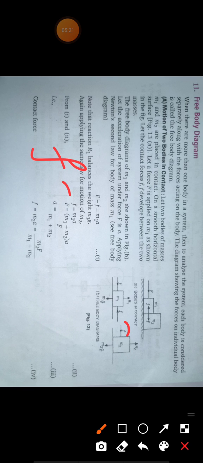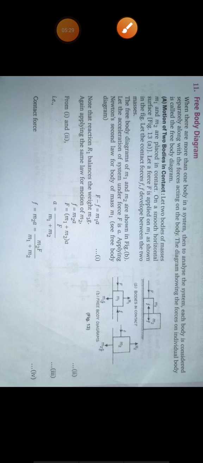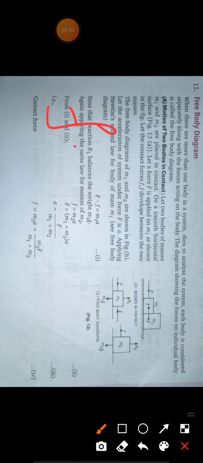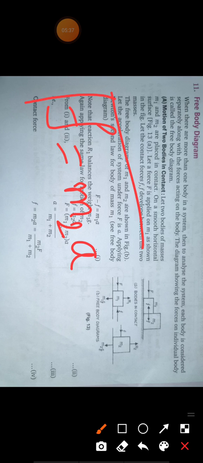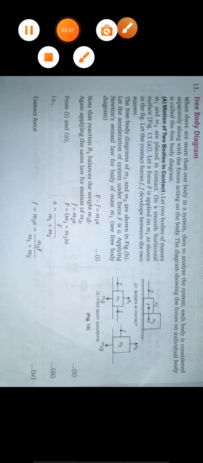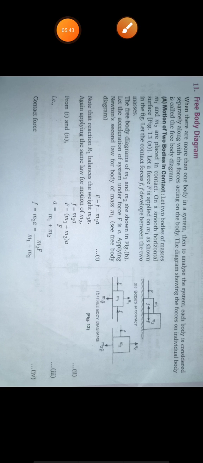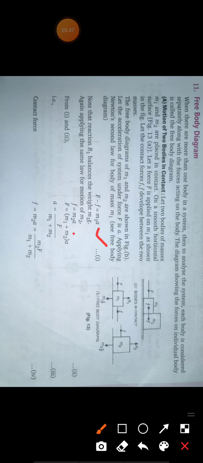So you cannot write f is equal to 0, because this body is not in equilibrium again. This body has some acceleration in the positive x direction, so you can write force is equal to mass into acceleration. So f is equal to m2 into a, where the mass is m2 and the acceleration is a. This is our second equation. And the acceleration is the same for both the bodies, because they are in contact. So f is equal to m2a.